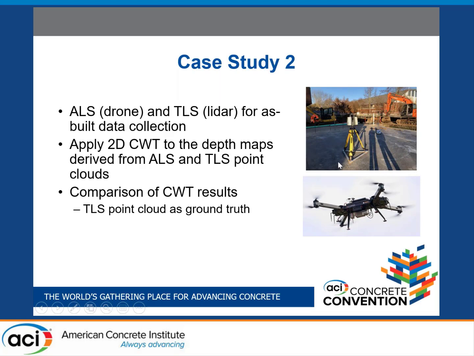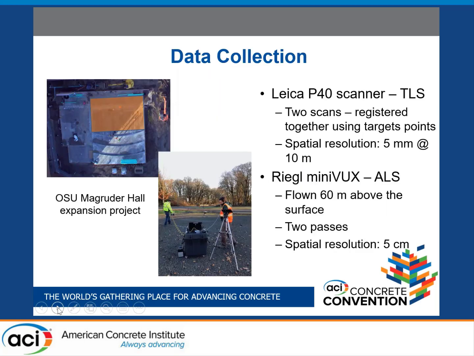We collected data using both of these, and from the previous study we considered the results we obtained using the terrestrial laser scanner as the ground truth, and then compared our results accordingly. So this is a Magruder Hall expansion project. It's a building at Oregon State University campus. These are the equipment we used, like a P40.